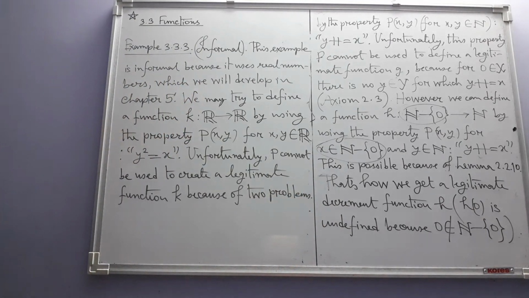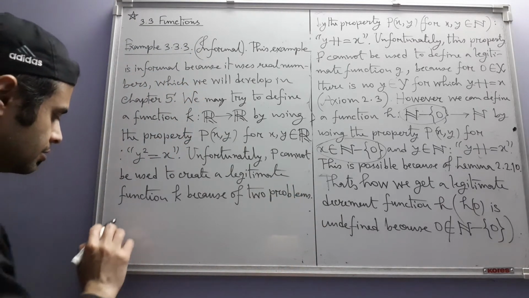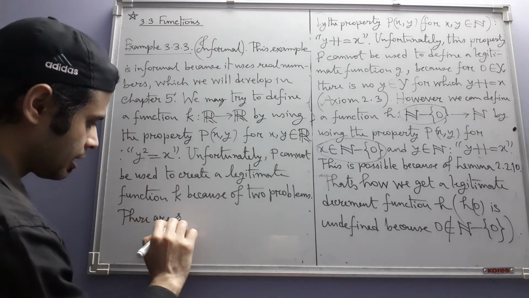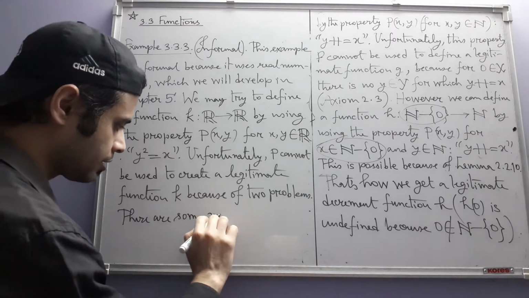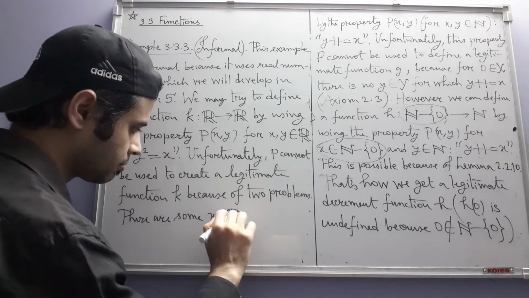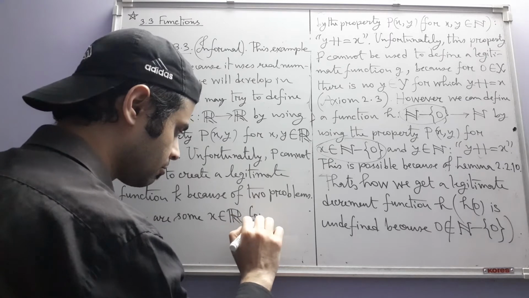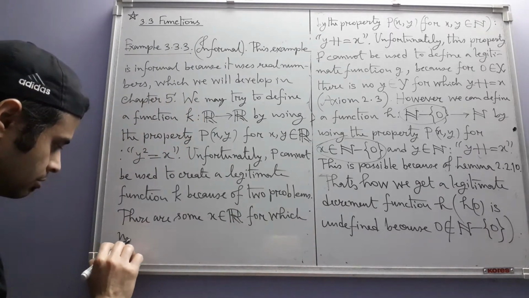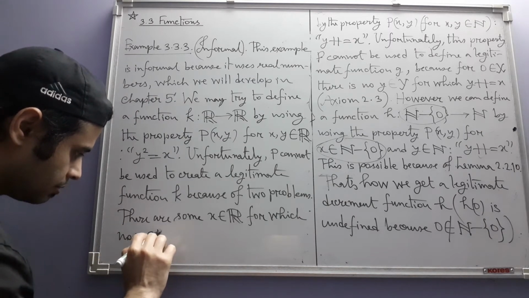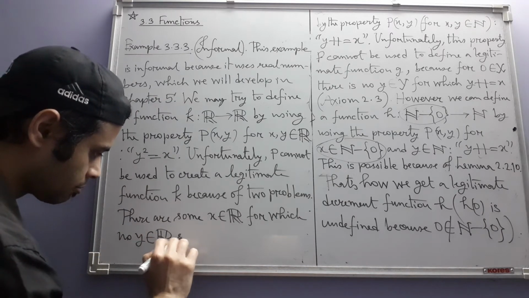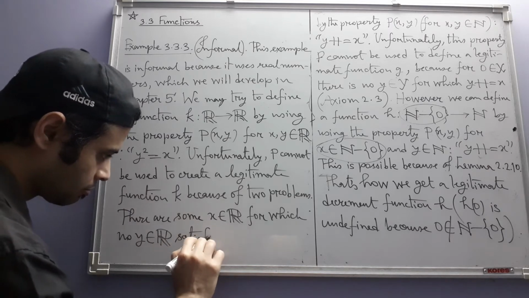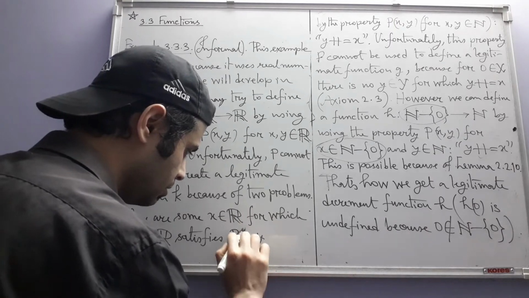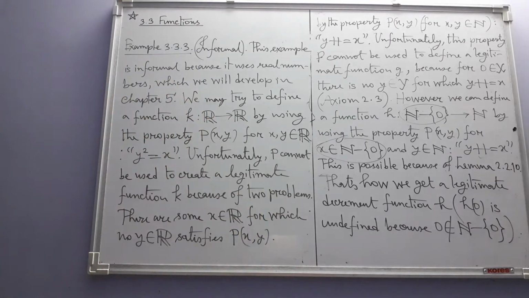There are two difficulties here. The first is this. There are some x in R for which no real number y satisfies p(x, y).